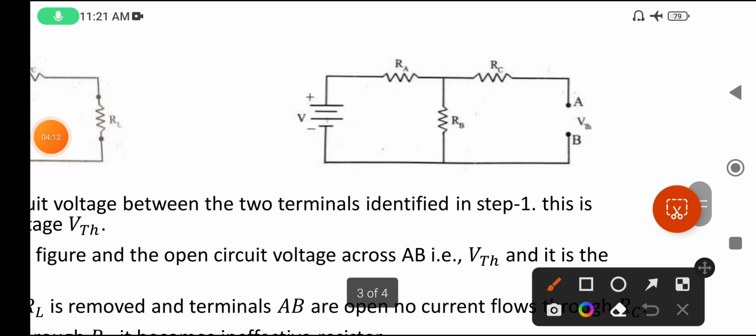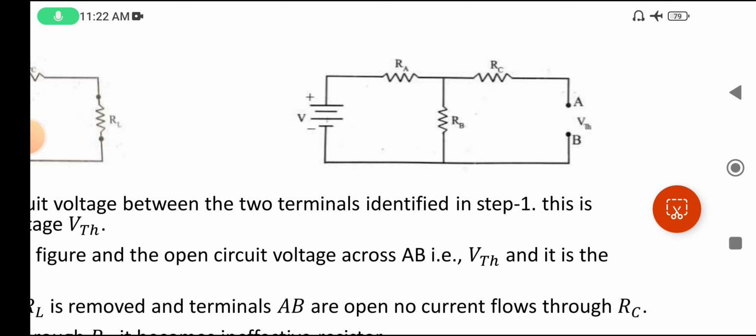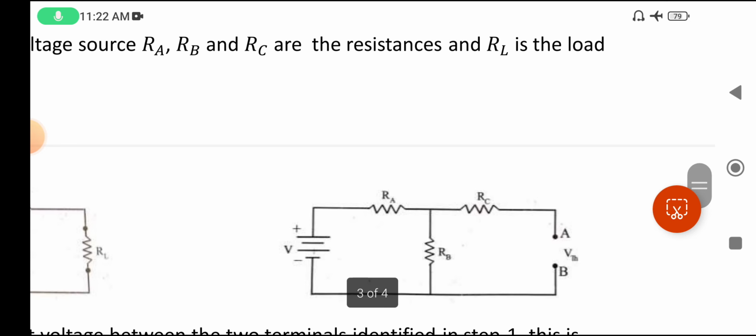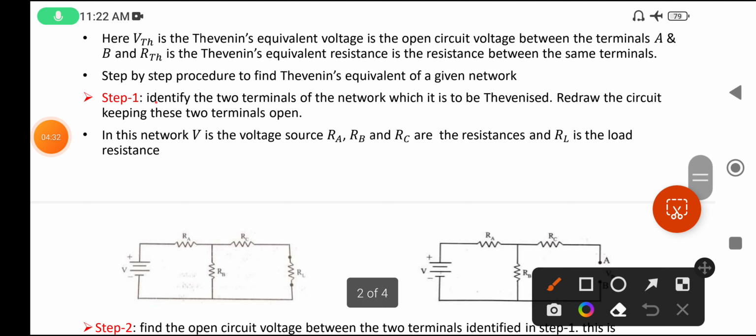Now like this I selected this resistor's points and replaced them with A and B, and we must keep them open, as in the statement. Identify two terminals of the network which is to be Thevenized.